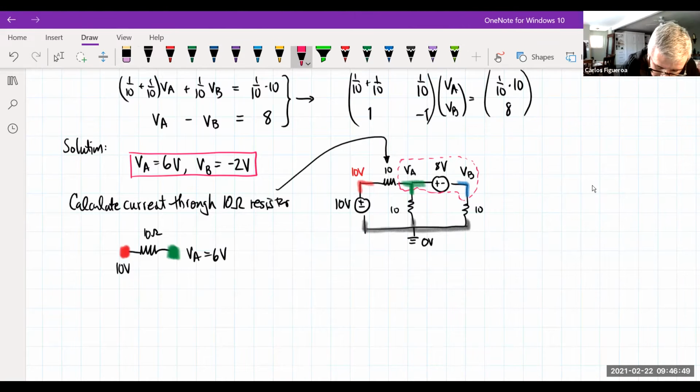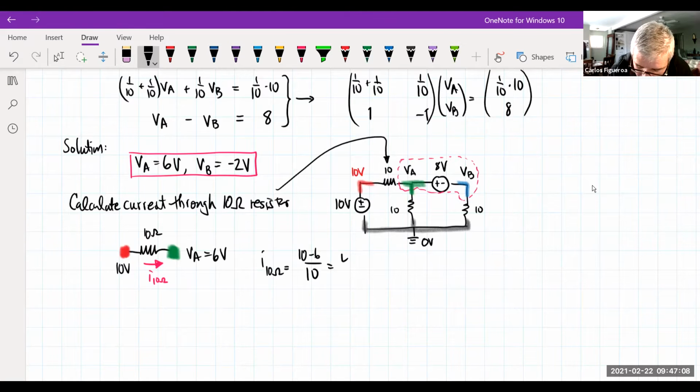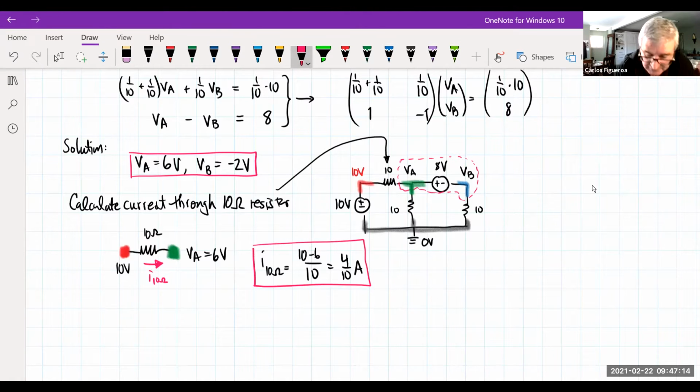So when I go to calculate the current of this guy here, according to Ohm's law, the current of the 10 ohm resistor is going to be the voltage across that, which is going to be 10 minus 6 divided by 10 ohms. So therefore, I'm going to get 4/10 of an amp. And that's what my current is using node analysis.